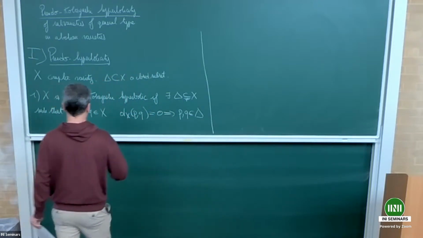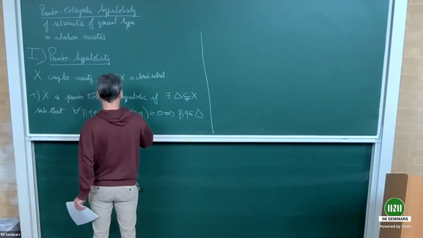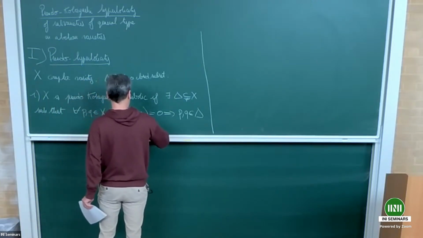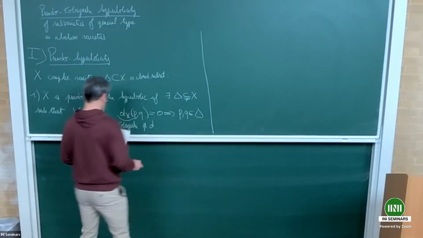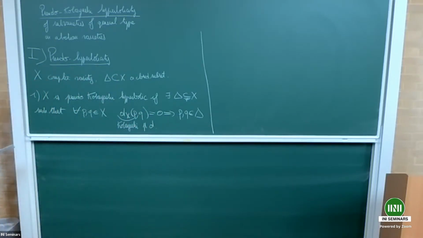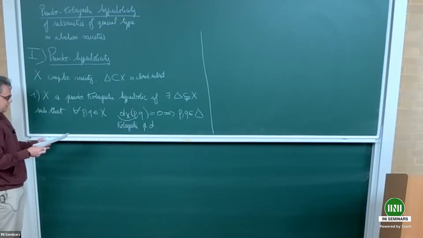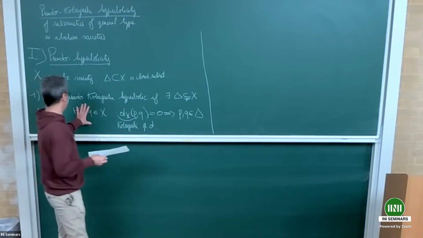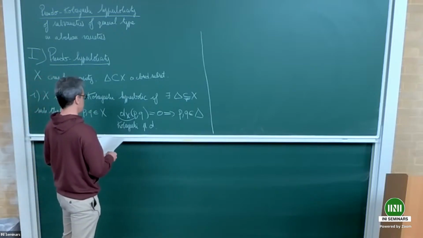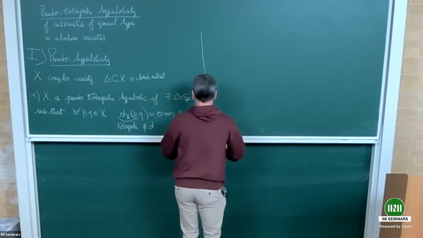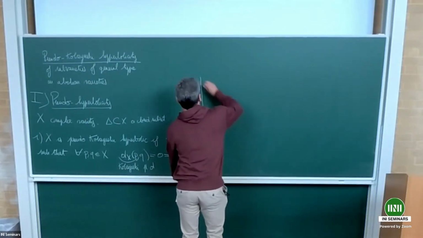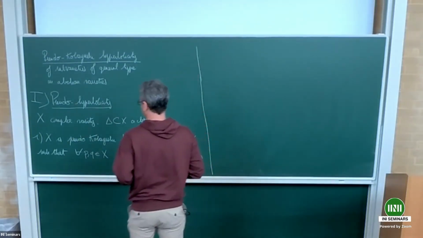Okay. So this is the Kobayashi pseudo distance. And so if such a thing is satisfied, we say that X is Kobayashi hyperbolic modulo delta.